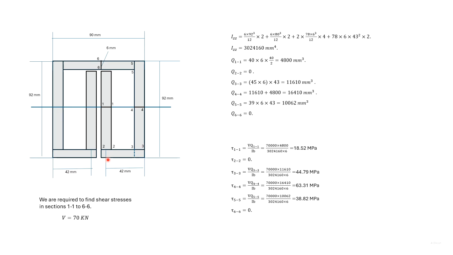This length is 45 minus 6, that is 39. So we have found out Q for 5. Consider section 6-6. Then the centroid of this whole portion coincides with the neutral axis, and as such Q is 0. The thickness B is the same in all these cases, and we have found out the stresses from section 1-1 to section 6-6.